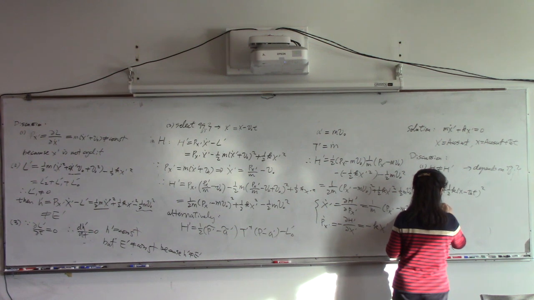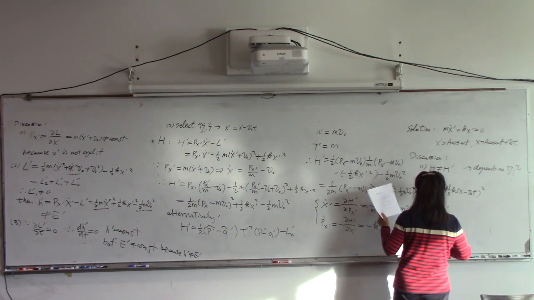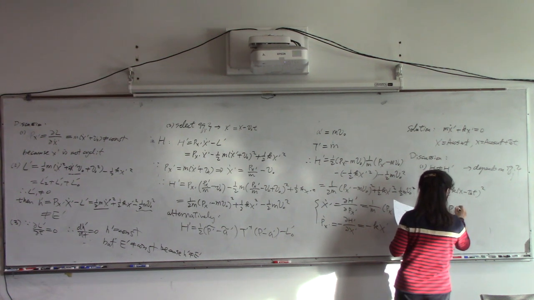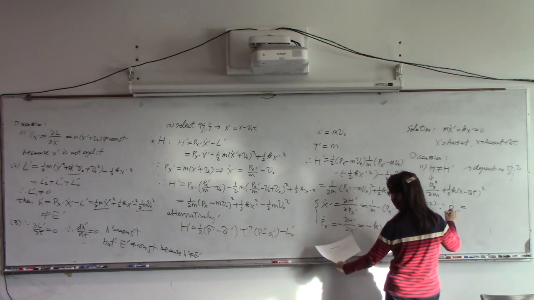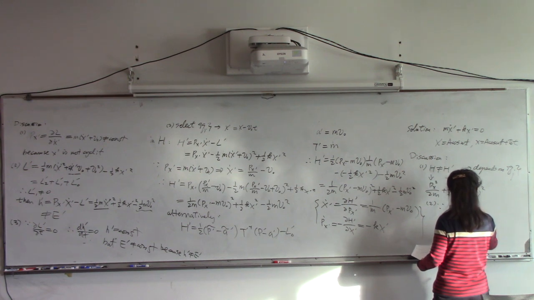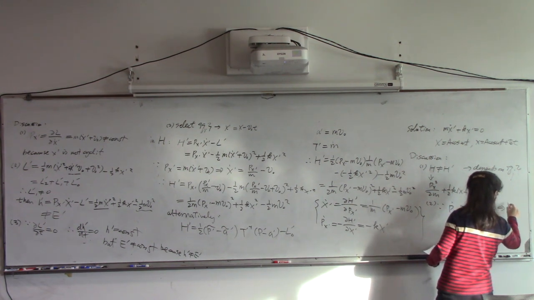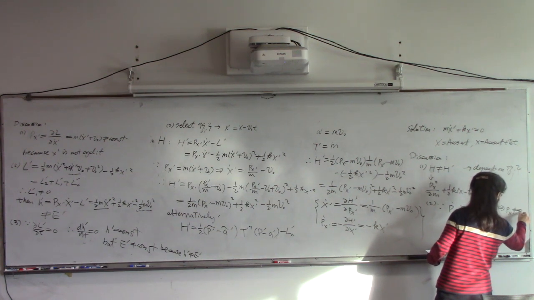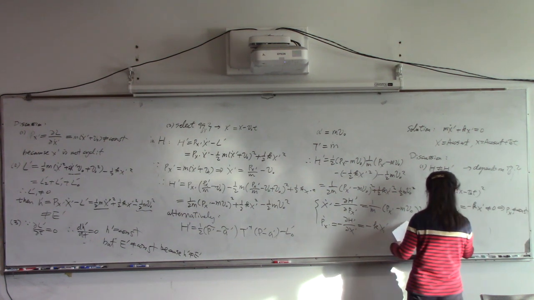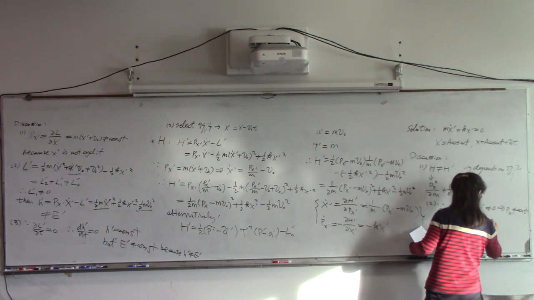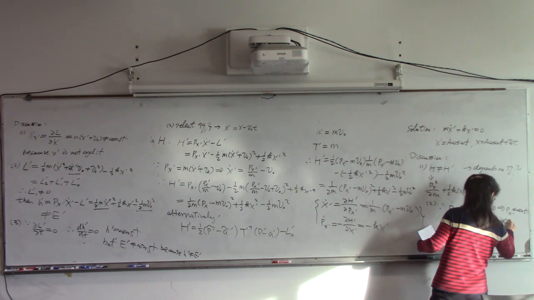Hamilton's equation of motion says px prime dot is equal to minus k x prime, not equal to 0. So we have px prime is not equal to constant, not conserved, again because x prime is not separate in x prime.